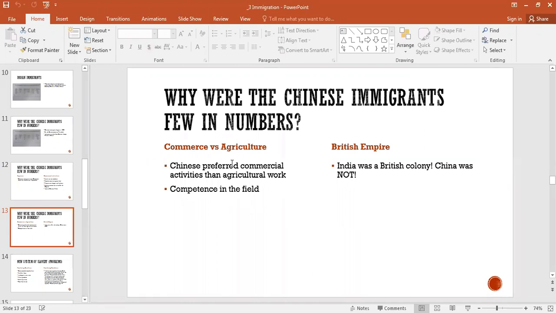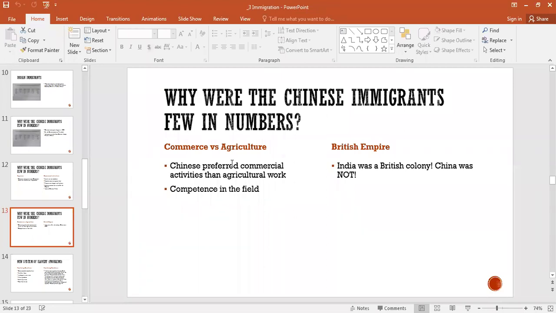But according to the textbook, they said that another reason why they had few Chinese immigrants was because Chinese preferred business. So they prefer to wholesale or prefer to involve in commercial activities than agricultural activities. They didn't want to work in the cane field or on the coffee plantation.